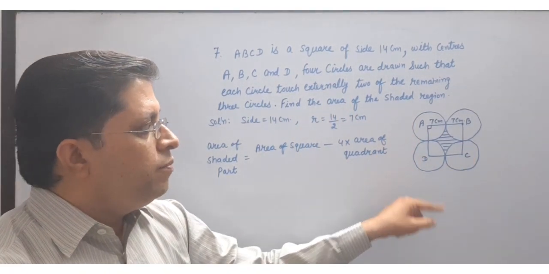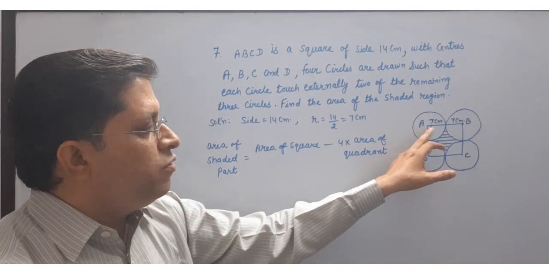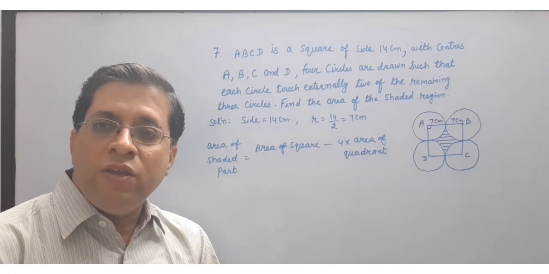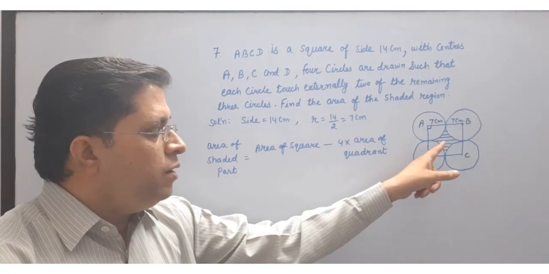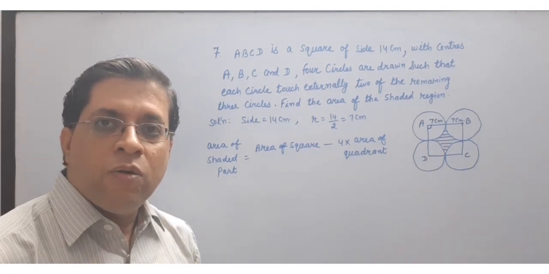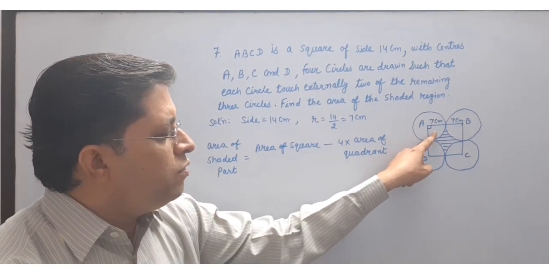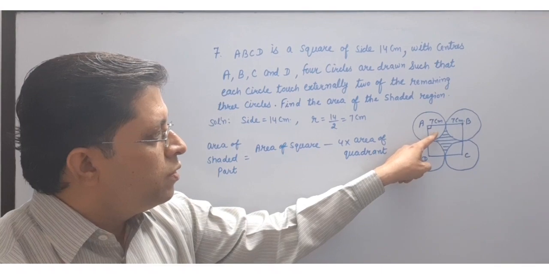ABCD is a square and each circle touches 2 of the other circles. You have to find the shaded region. How can you find it? Area of square minus this portion.